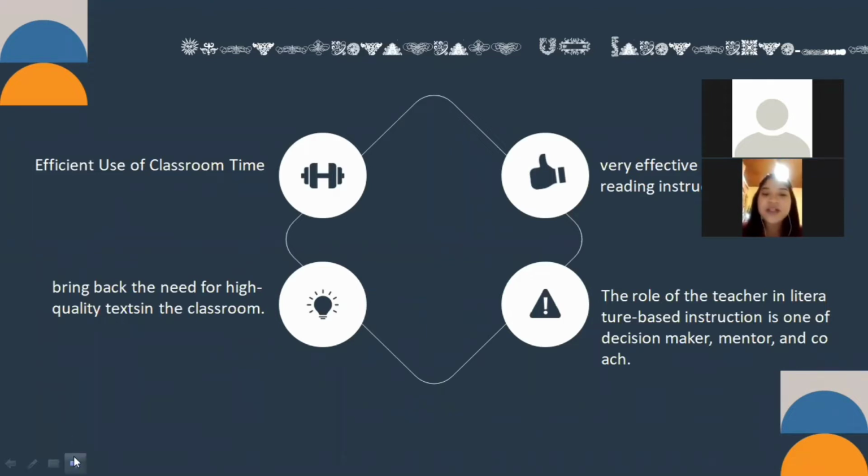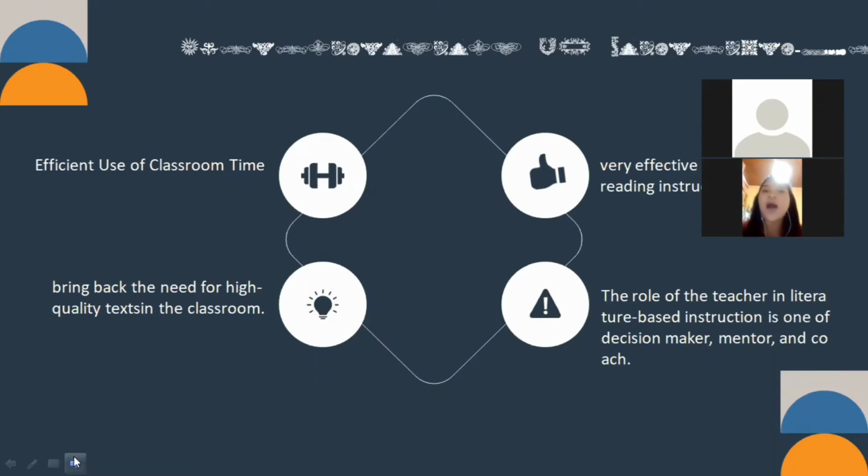Okay, efficient use of classroom time. As we know, before the teacher starts the material or the learning process, the students have already read the topic that they will discuss, so that the students have a concept before the learning. And the next one is bringing back the need for high quality text in the classroom.